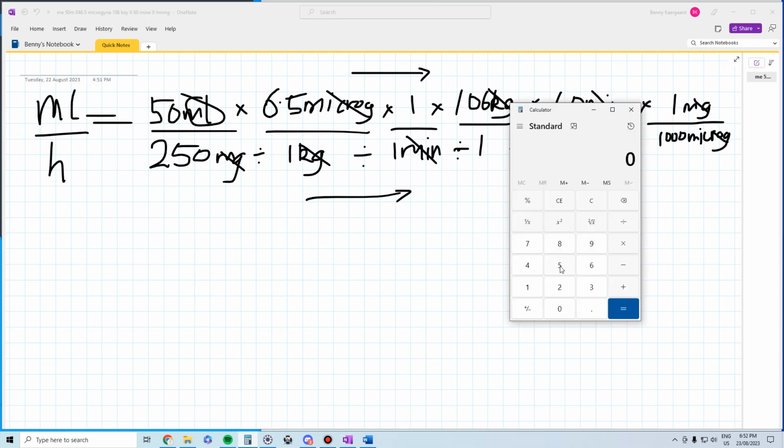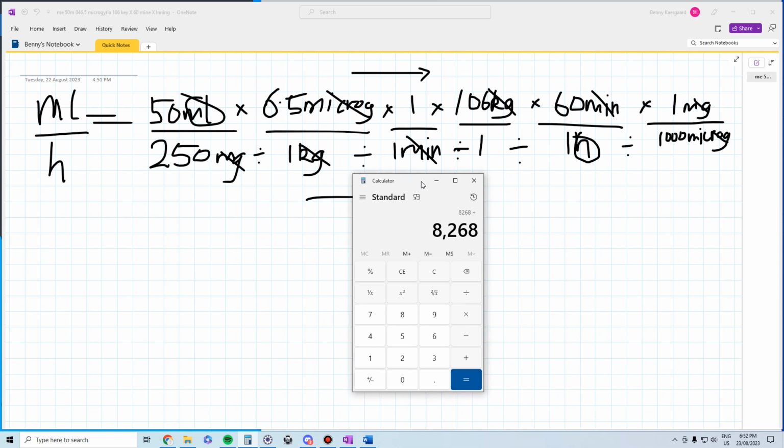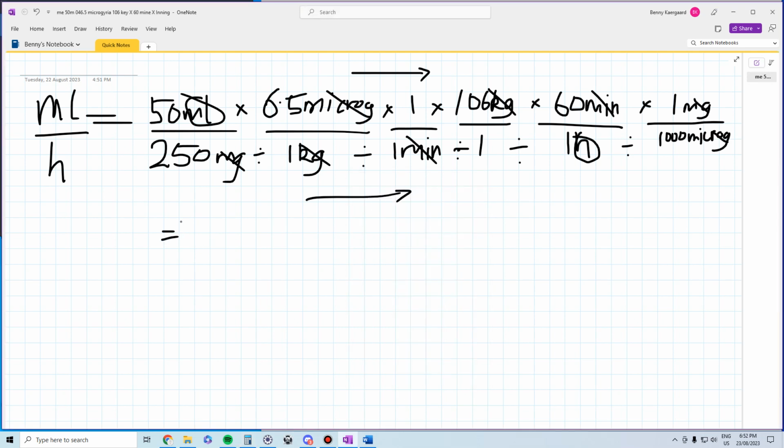So we've got 50 times 6.5 times 106 times 60 divided by 250 divided by 1000. 8.268.